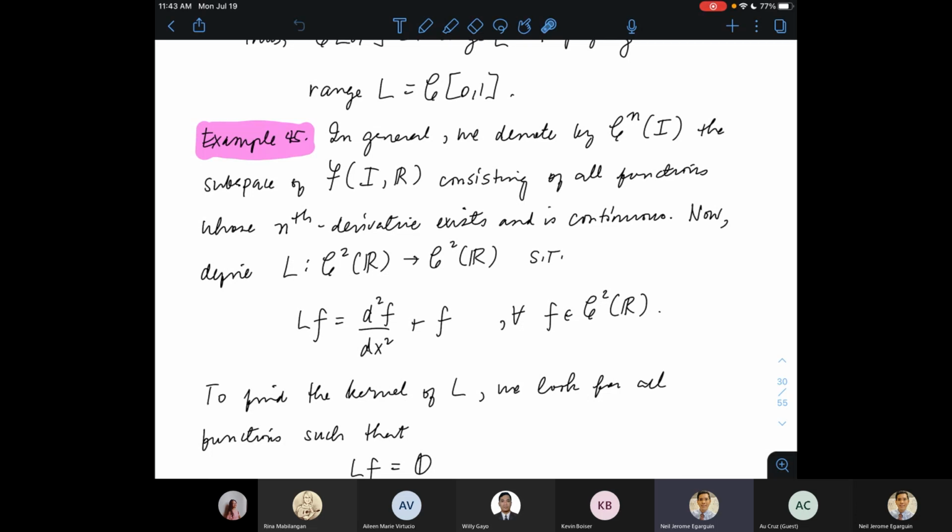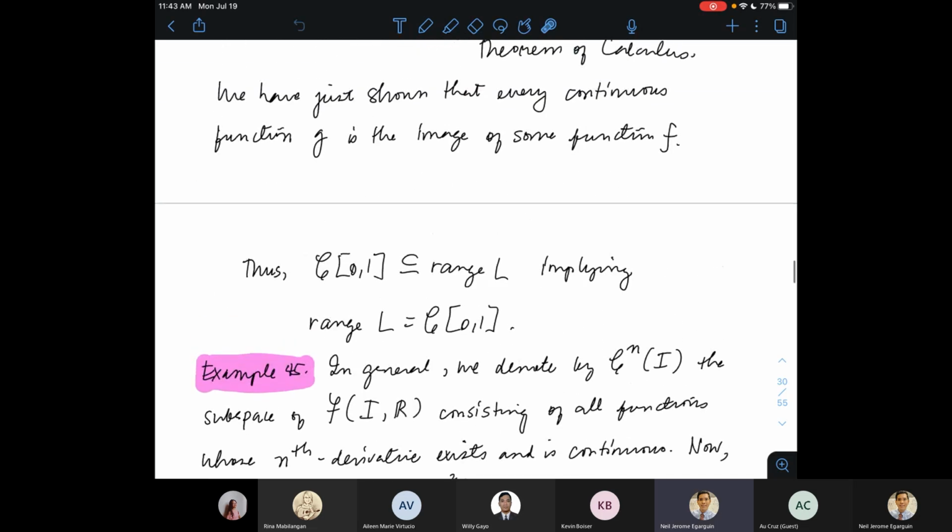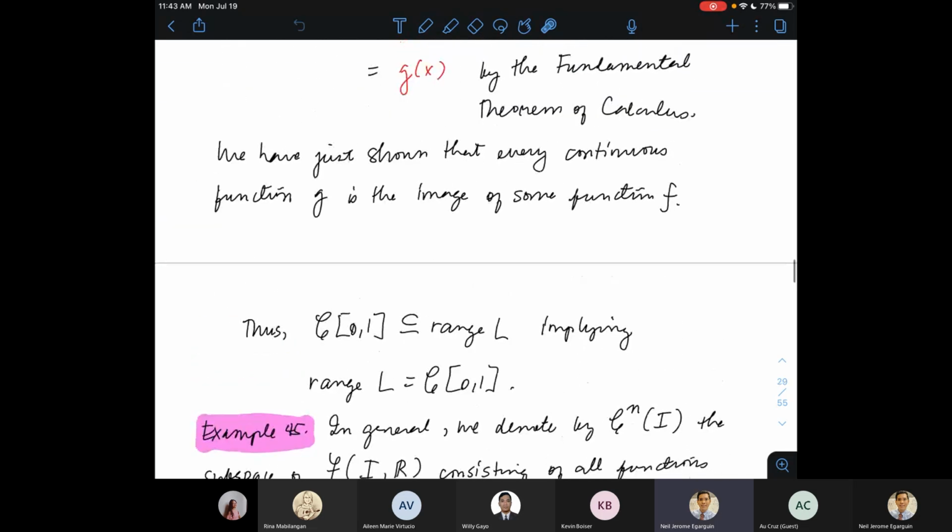Now the range is a little bit trickier because for the range we need to collect all possible images. This is the usual notion of range we know from elementary function theory or from elementary calculus or algebra. So the range is just the set of all images of elements of the domain. So it's a little bit tricky to find the range of a linear operator.